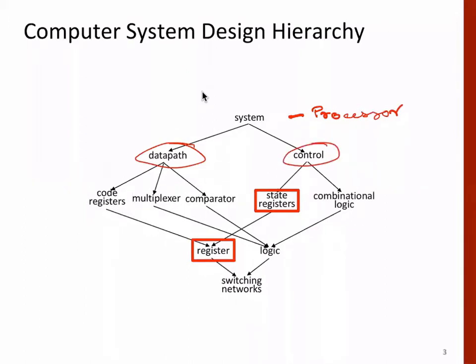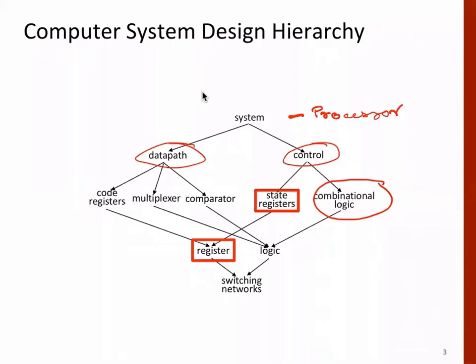The control path controls the data path. And in the control part, a very important component is combinational logic, the one which generates control signals, for example, movement of data from memory to register and so on.